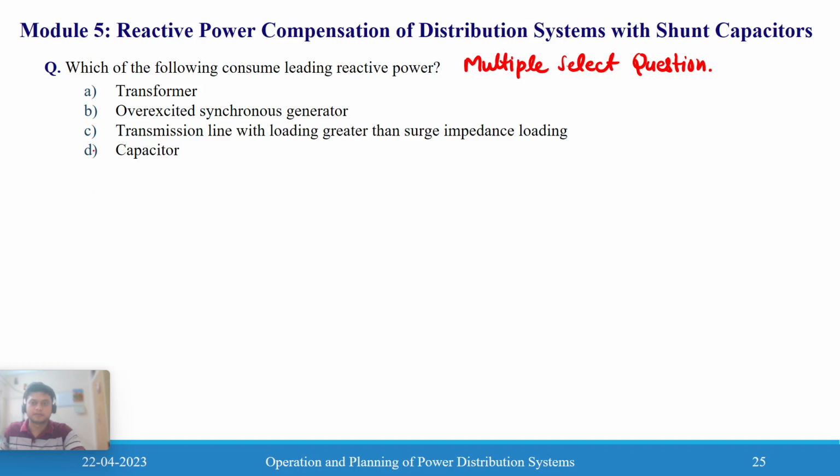If we want to make the V curve for a synchronous generator, then it looks like this.